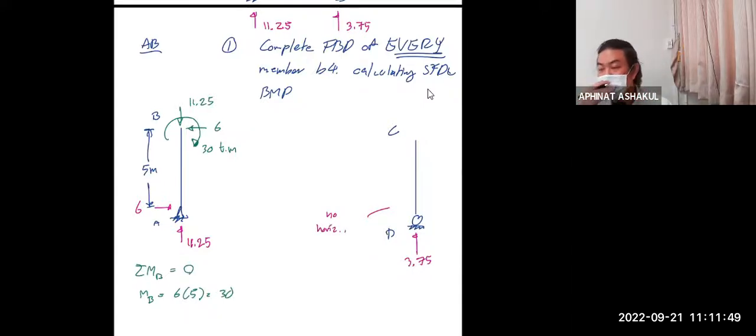So that means sigma Fx will tell you that C cannot have any force, otherwise your sigma Fx will not be satisfied. Meaning, the only thing that your member CD can have is another axial force to balance sigma Fy.